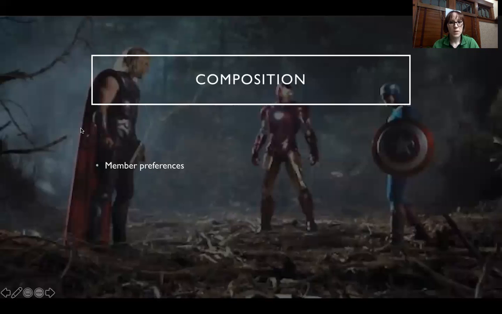The book notes, and I think this is a really critical thing to consider, that when we are composing a team, so when we are putting a team together, we do need to be cognizant of whether our team members have the personality as well as preferences for teamwork.